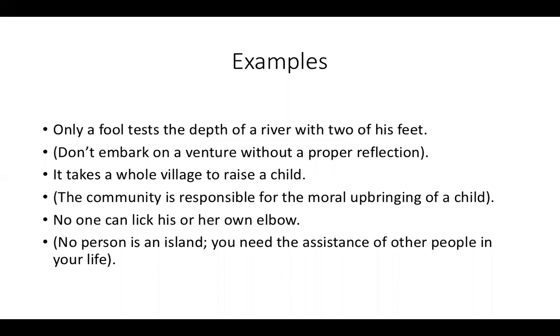So the difference is that for a proverb, the literal meaning is also very good. You can interpret a proverb literally, and you can also interpret it non-literally. So that's one major difference between a proverb and a metaphor. For metaphors, you don't interpret them literally.